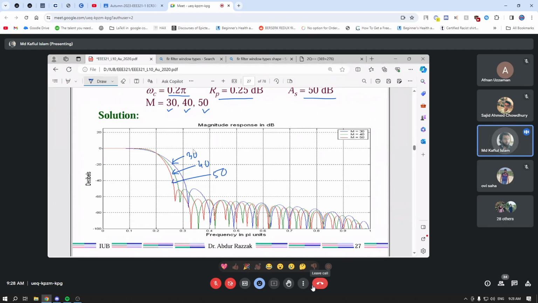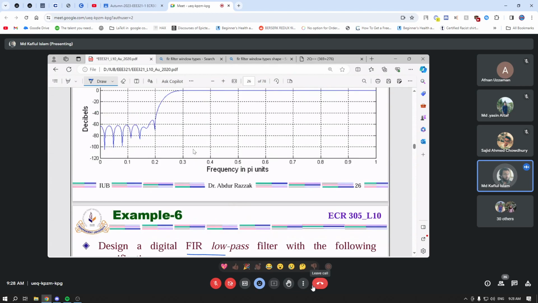And if you think about your ideal low pass filter condition, then it is probably like this. So which one is closer to the response? 50. So higher the value of order, your transition bandwidth is also lower. You can also see from this graph, right?